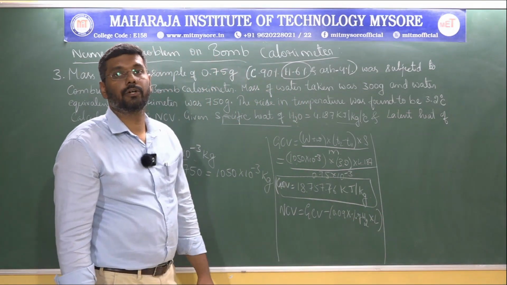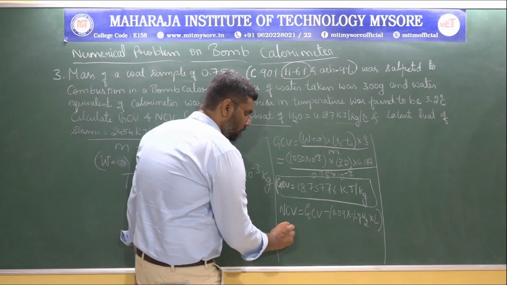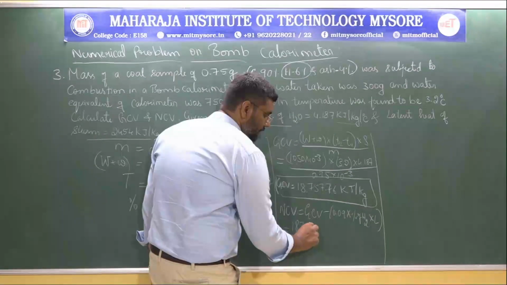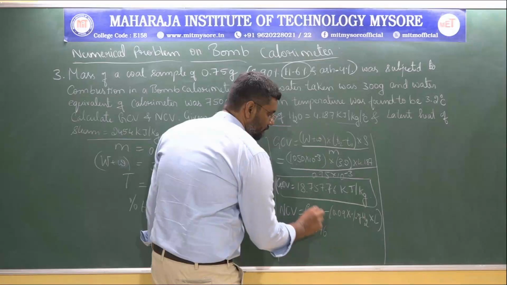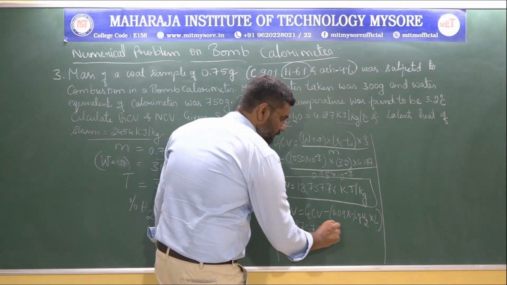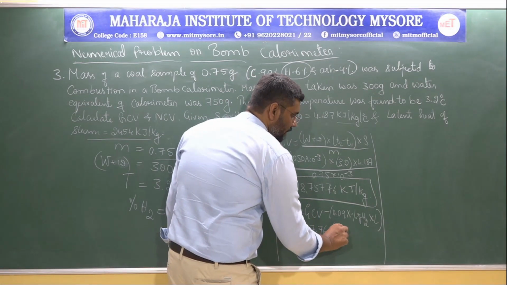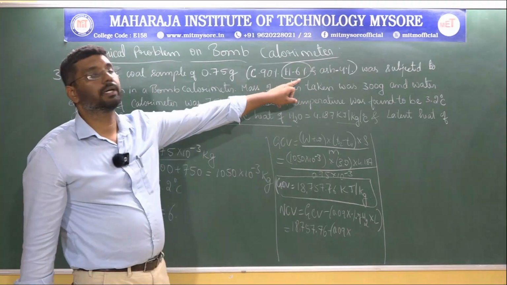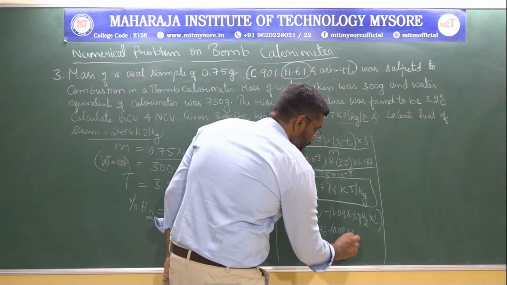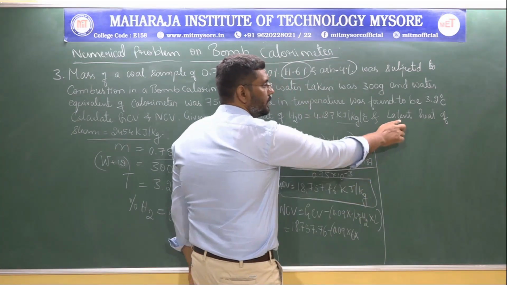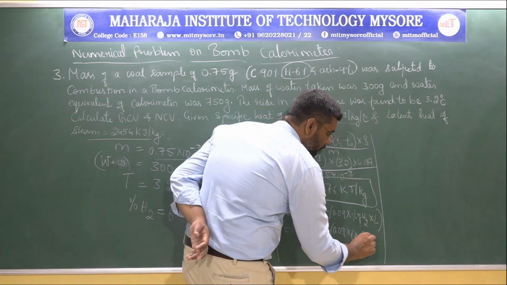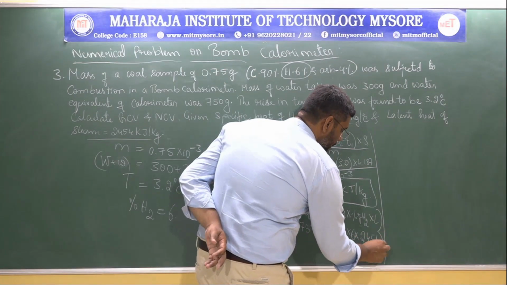We know GCV is 18,757.76, minus 0.09 into the percentage of hydrogen, which he has provided as 6%, so note down 6, into the latent heat of steam, given as 2454 kilojoules.